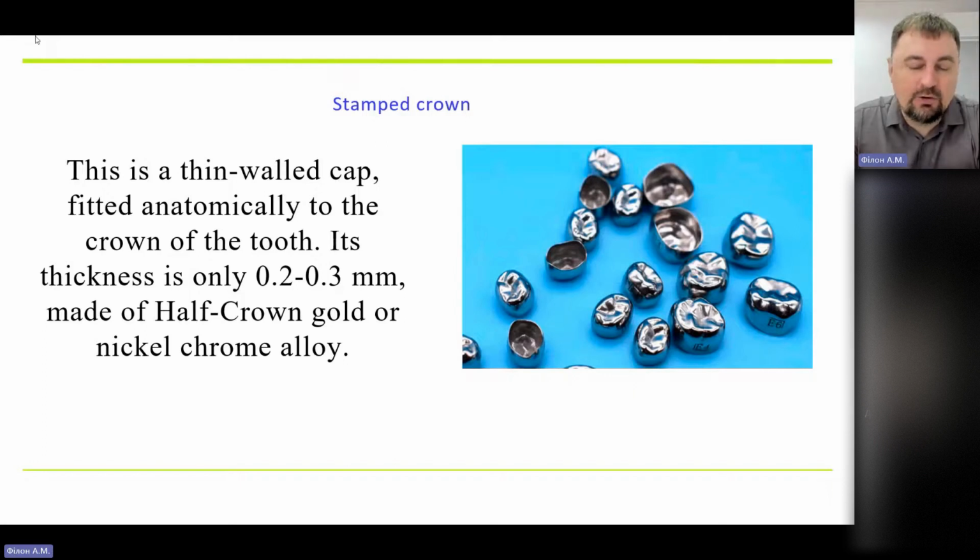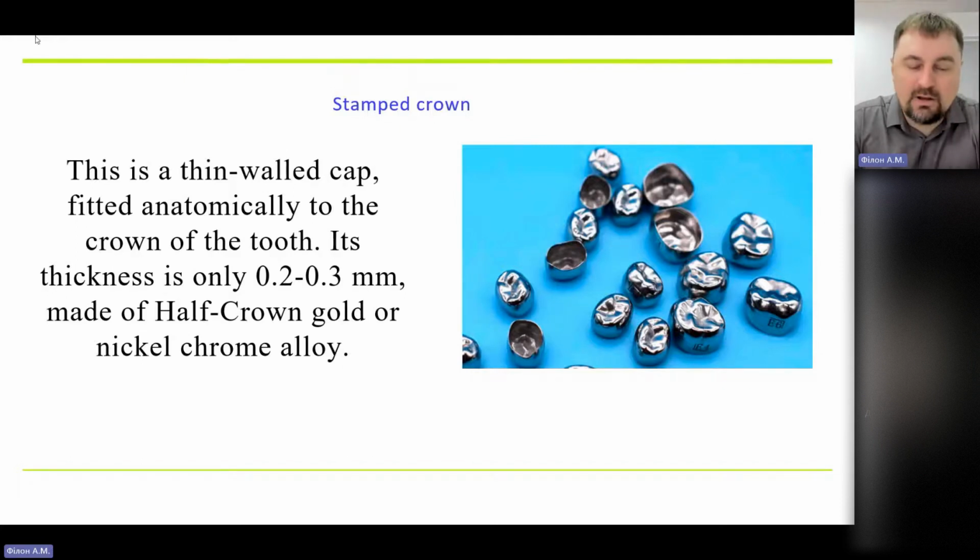But if you look at the soft tissues around the teeth, you can never find any inflammation, any bleeding of the gum. And the patient usually does not complain about that kind of crowns, but all of this I was talking about is only about gold crowns.